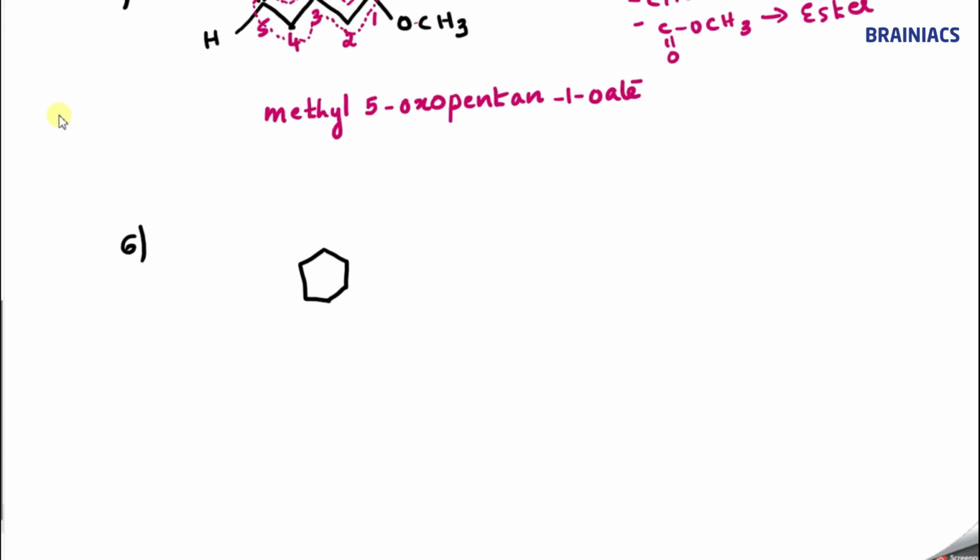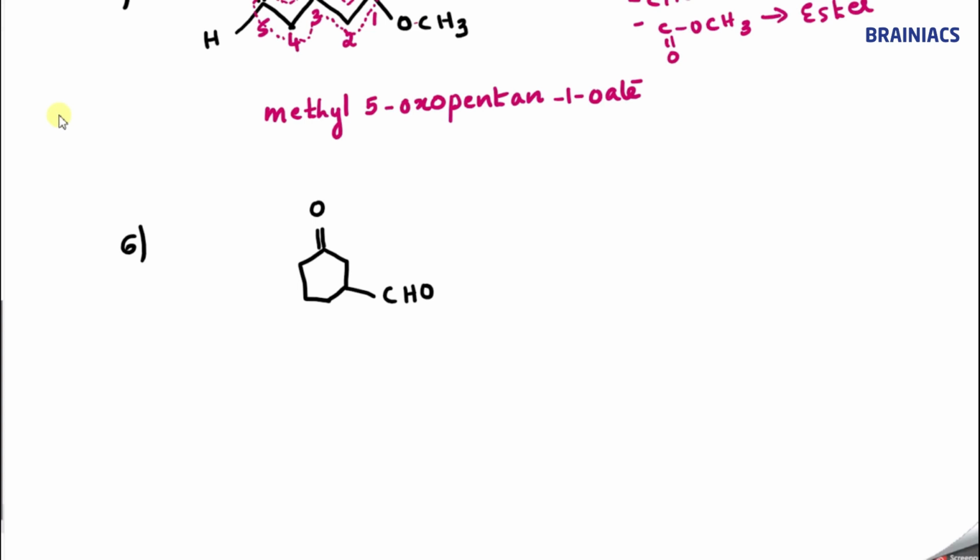So you have a carbonyl group connected, then you have a CHO group connected. Try to name this compound. Now I hope you are all in a position to handle these questions.